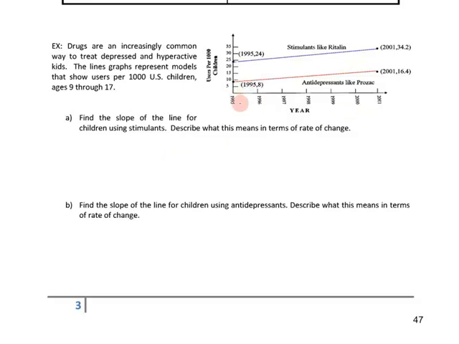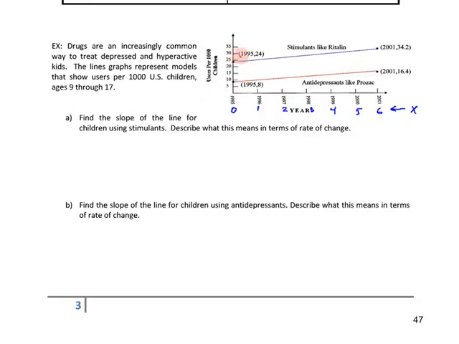So a good natural choice for your variable would be years since 1995. So I would let this be 0, 1, 2, 3, 4, 5, and 6. That my x would represent that axis.